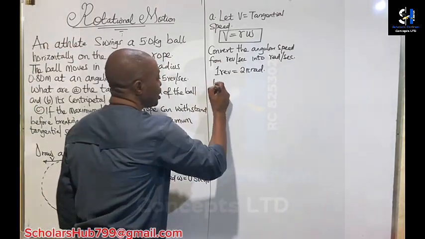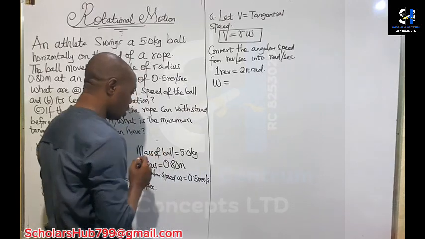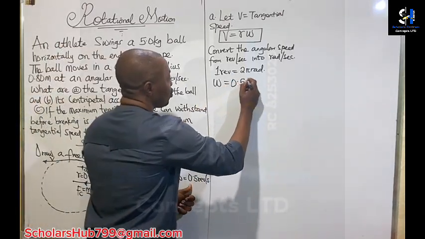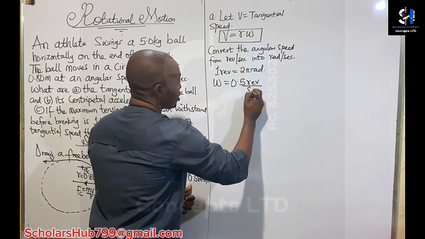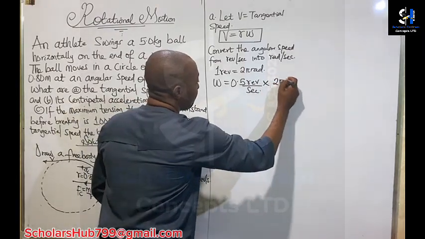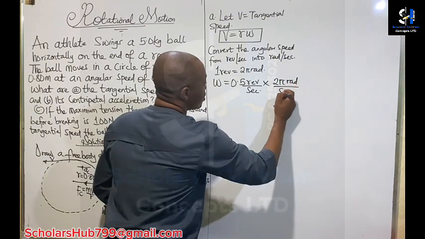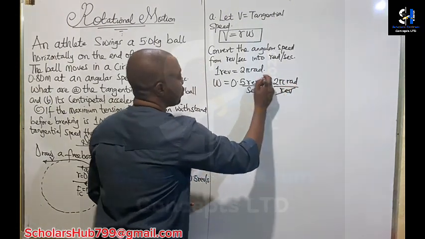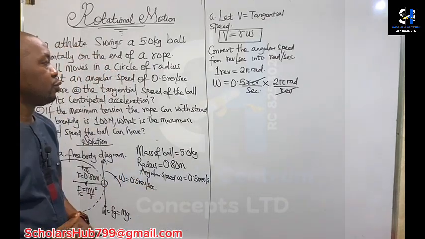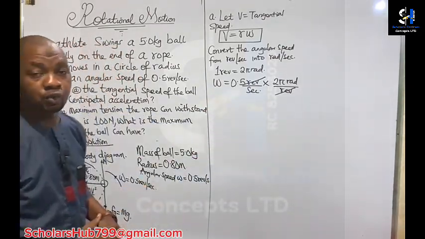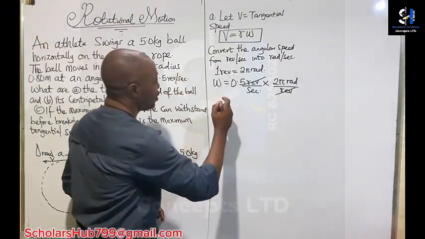So the angular speed, given as 0.5 revolutions per second, is multiplied by 2 pi radians per revolution, so that the revolution cancels out. We are left with 0.5 times 2, that will be 1. So we have 1 pi radian per second.